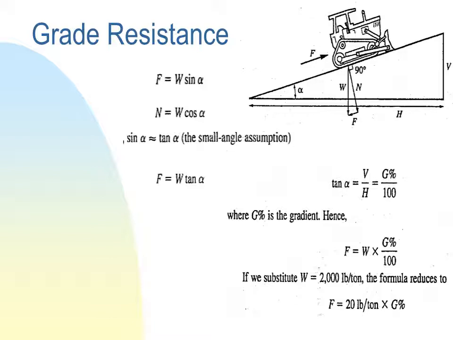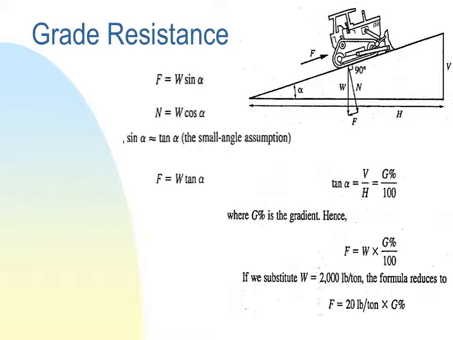So if we put that instead of tan alpha, we get that F is equal to W times G over 100. If W is the unit weight of the vehicle, in US customary units it's 2,000 pounds per short ton.